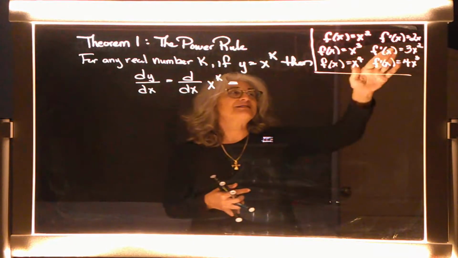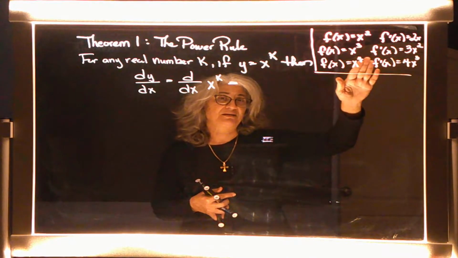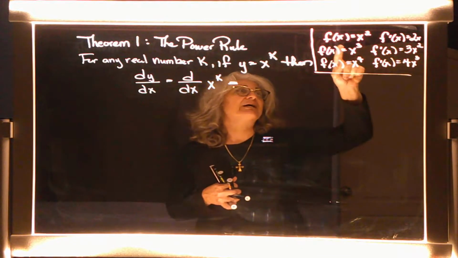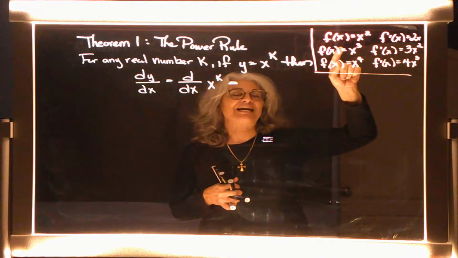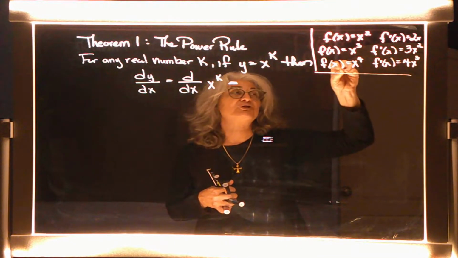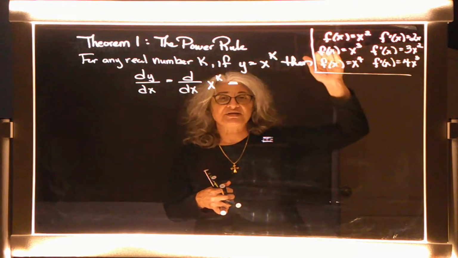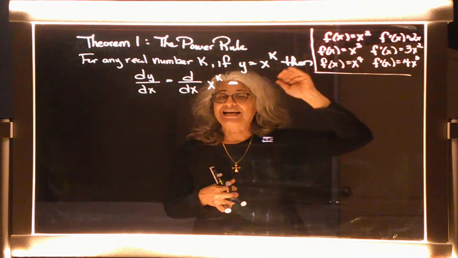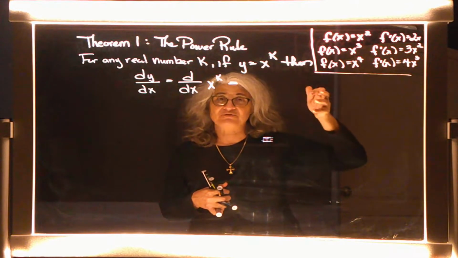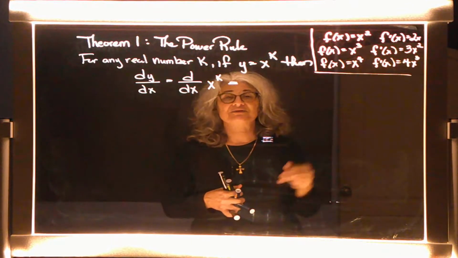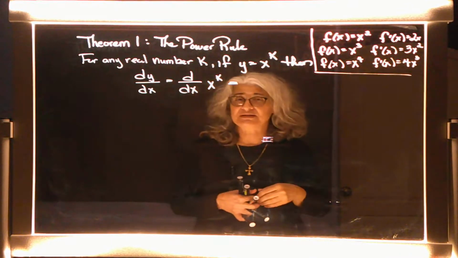Now, let's take a look at what we did just a couple of minutes ago. If we had looked at the limit of the difference quotient with respect to all of these functions, x to the second, x to the third, x to the fourth, we would have gotten these answers. Now there's a pattern that's developing.